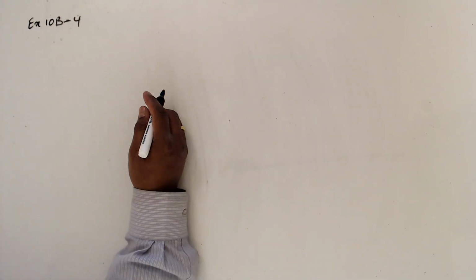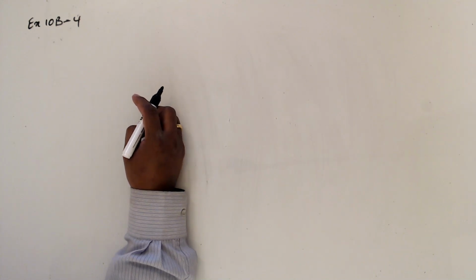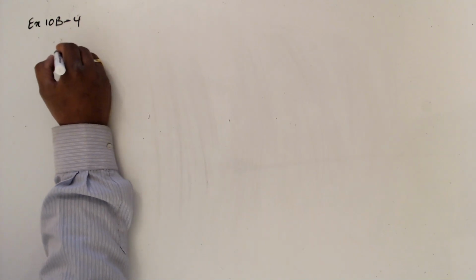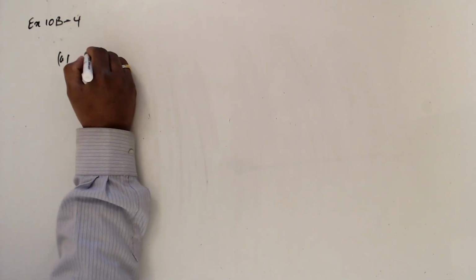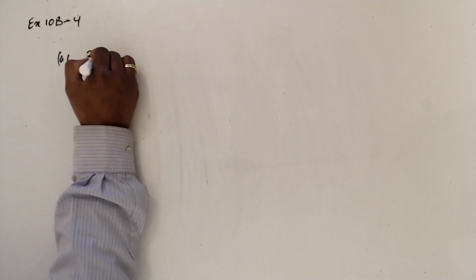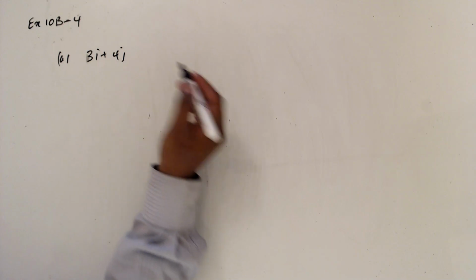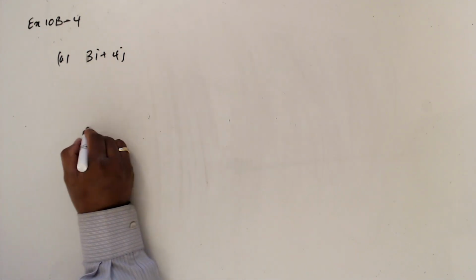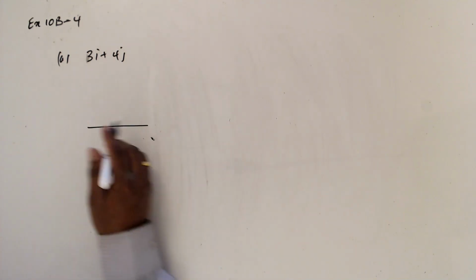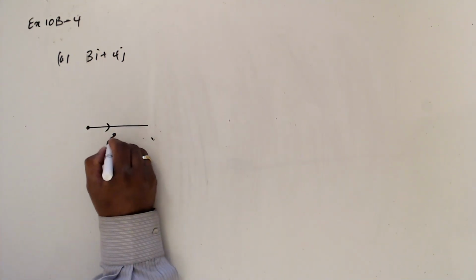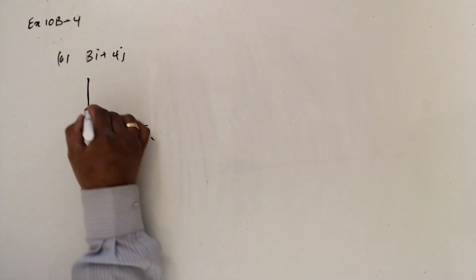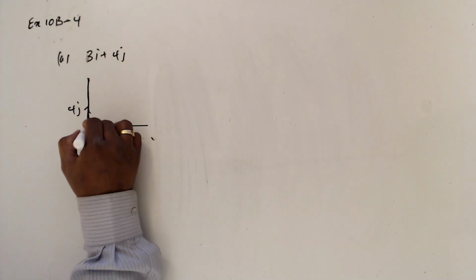Question number 4, we need to find the magnitude and the angle. So a equals 3i plus 4j. This is the particle. 3i acts on here, 4j acts on here.